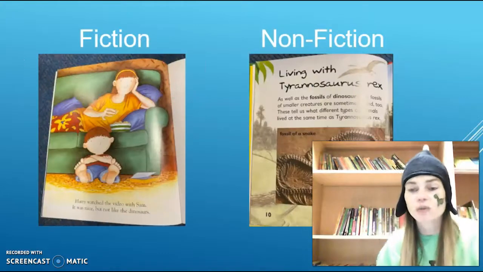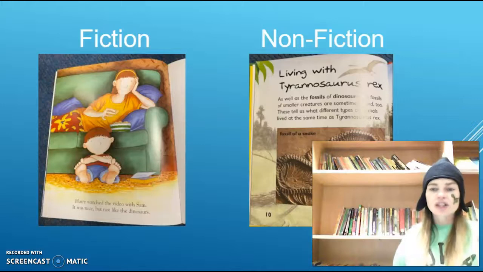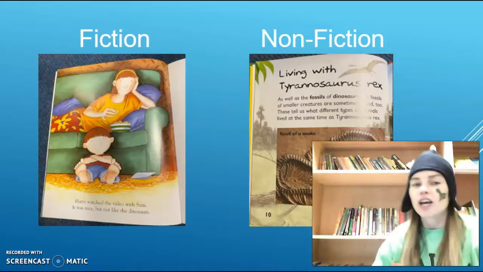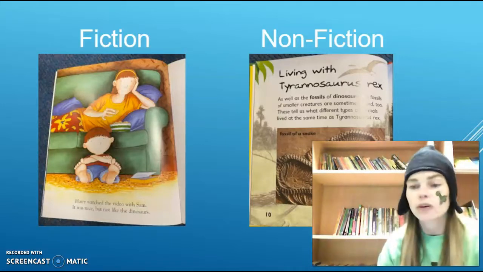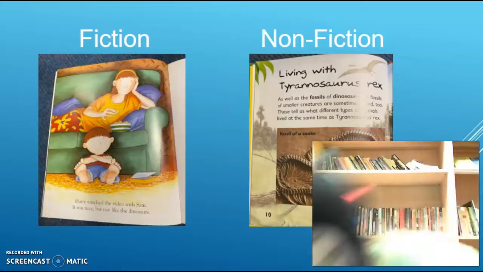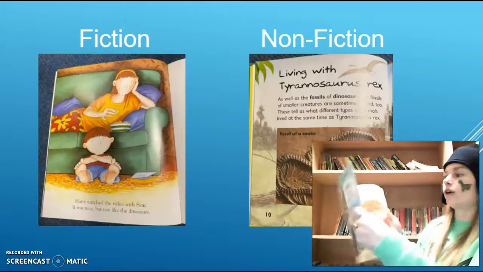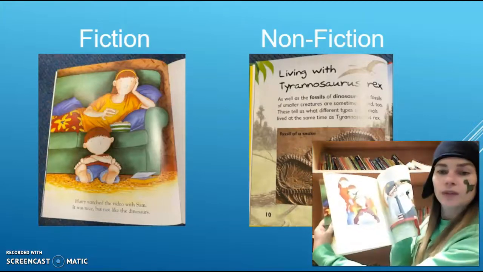But the next difference between fiction and non-fiction books, reception class, is, if you just look on the screen, often fiction storybooks have what we call illustrations in them. So that means they have drawings. Like if we look at this one here, we can see the drawings on each of the pages.